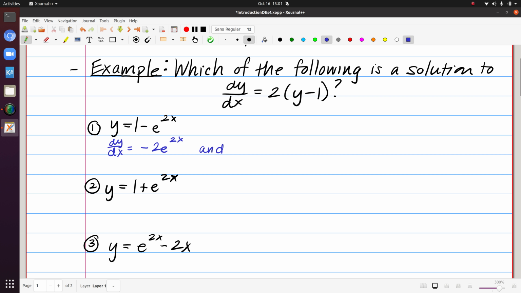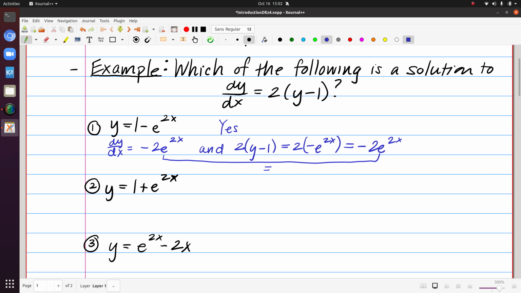And 2 times the quantity y minus 1 would be 2 times negative e^(2x), which would be negative 2e^(2x). These are equal. So we would say that, yes, this function is a potential solution to what we have above.